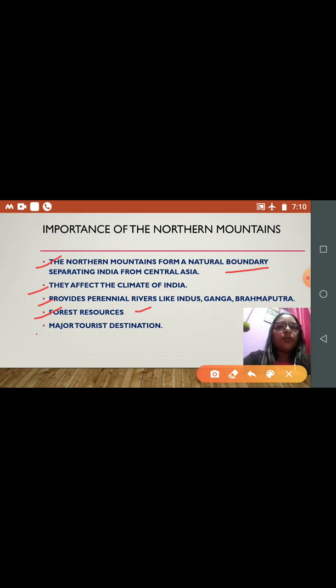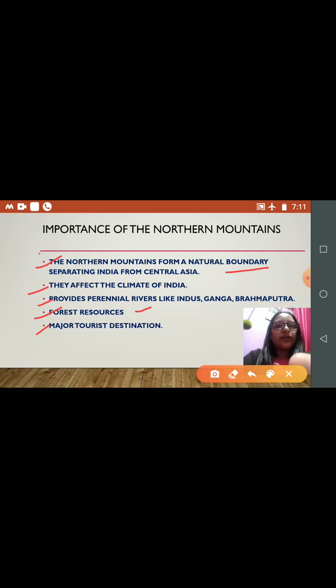Then another one, the major tourist destination, which is also a very important part to include. The mountains and the valleys attract tourists from all over the world. We have very famous tourist destinations like Shimla, Srinagar, Darjeeling, Mussoorie.